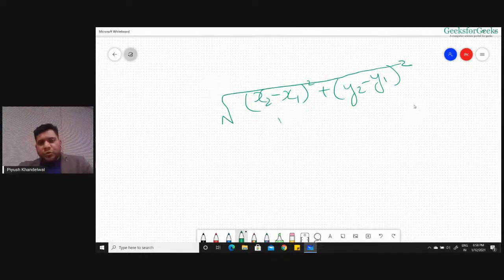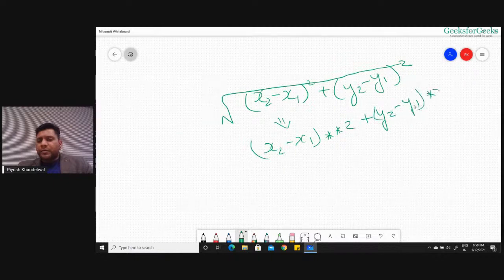So we know this square can be done with the help of raised to the power 2. So I can write x2 minus x1 raised to the power 2, right? Similarly, plus y2 minus y1 raised to the power 2. Can I write it this way? So let me do it.